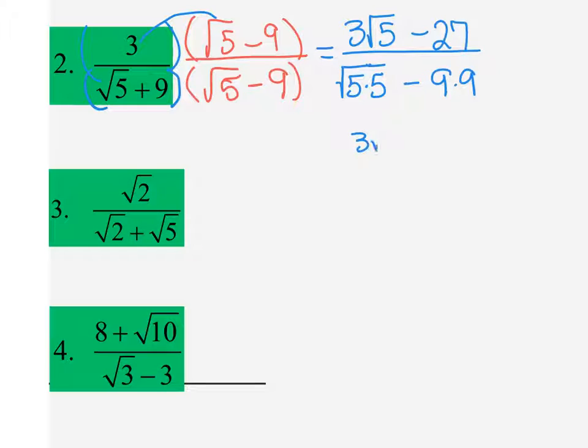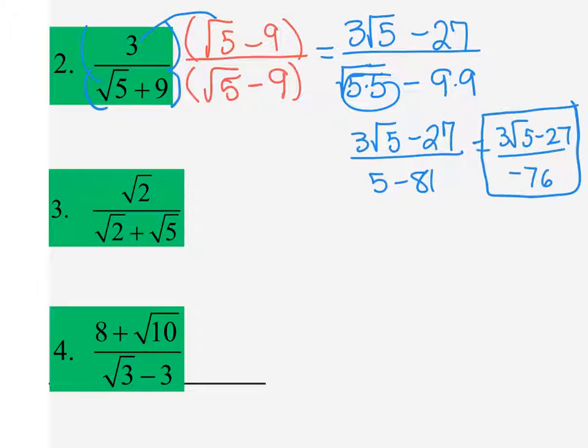This is 3 times the square root of 5 minus 27 over, we have a pair. This comes out as 5, and 9 times 9 is 81. There we go. 5 minus 81. -76. We can't simplify that anymore. That's the answer to number 2.